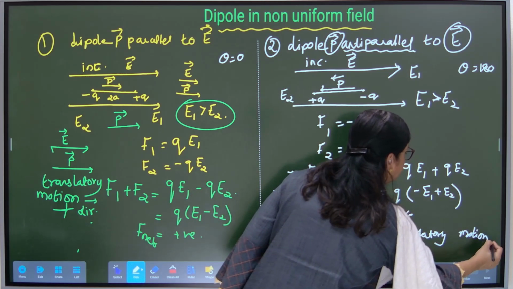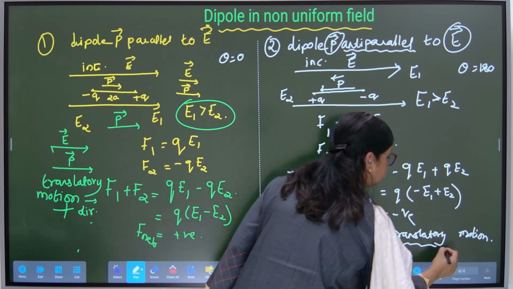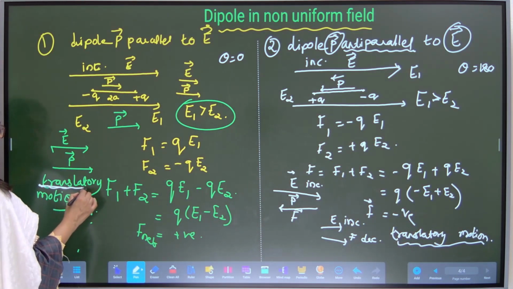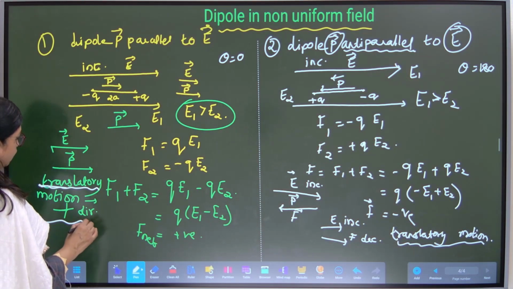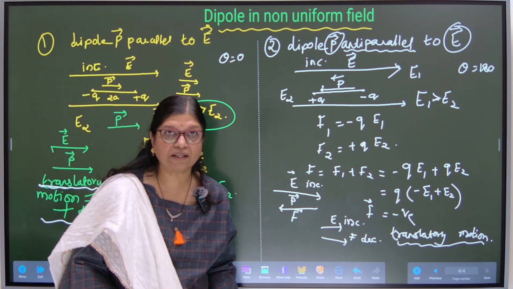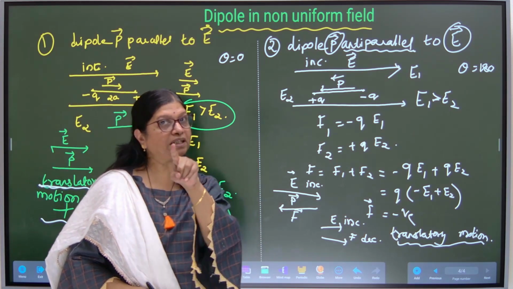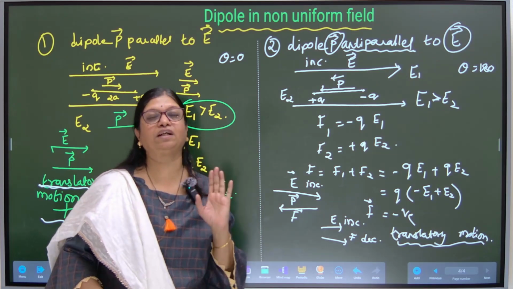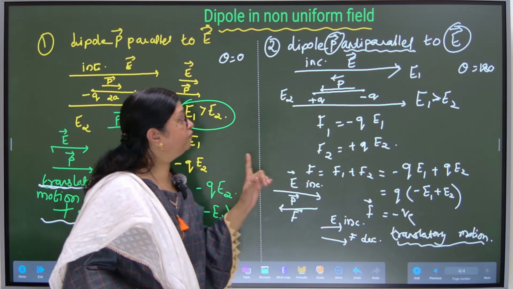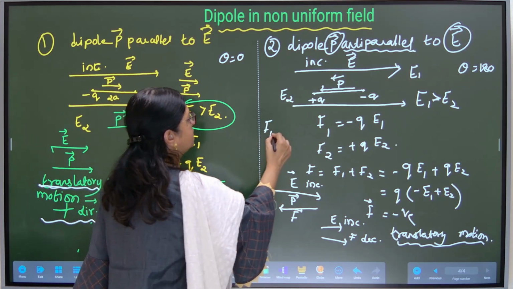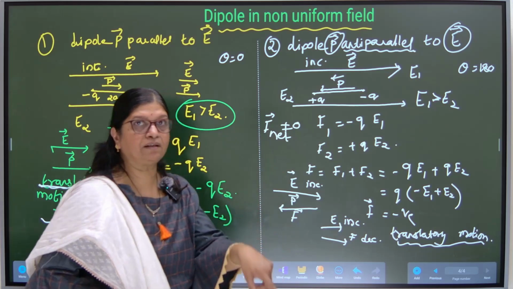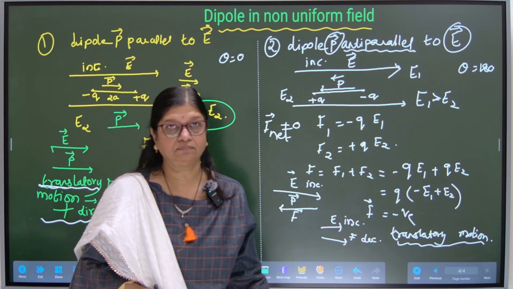So in both the cases, this is about the question: when we place a dipole in non-uniform electric field, does it have a translatory motion? Yes. When we place it in uniform electric field, it did not have a translatory motion because F net was equal to 0. Here F net in both the cases is not equal to 0, so translatory motion will be there.